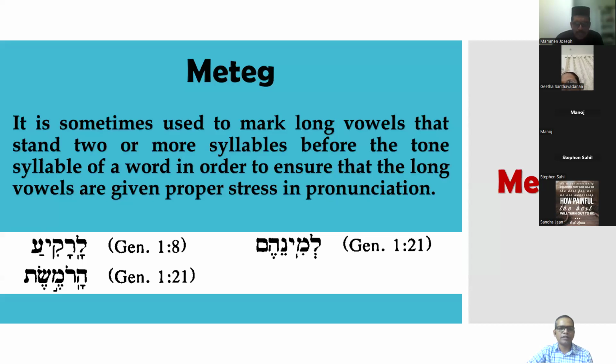So when there is a presence of unchangeably long vowels, which are actually from other class vowels, like O or U or E, what happens? There is a need for a hurried A sound. So that is why this patach furtive is placed. It appears in between the unchangeable long vowel and the guttural. So that is the purpose here.